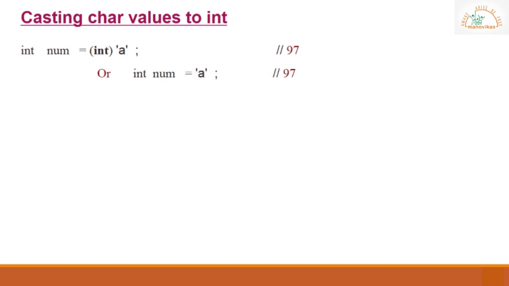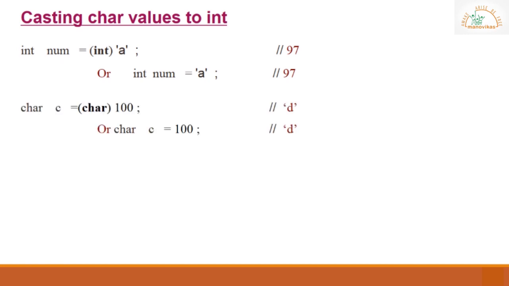In my example, the character literal I have assigned to that integer is alphabet A. So this integer variable num will get the value as 97 because the Unicode of alphabet A is 97. That assignment can be with explicit conversion or even implicit. Both are perfect.